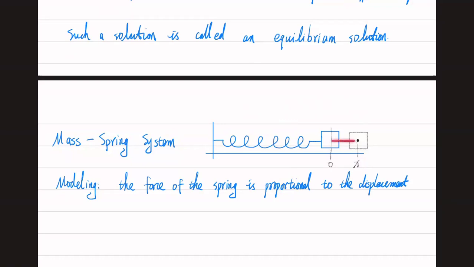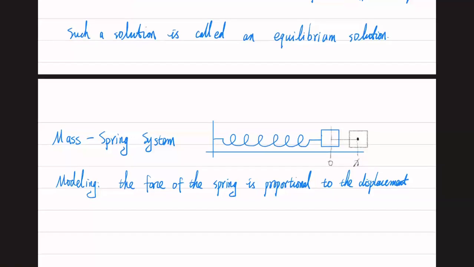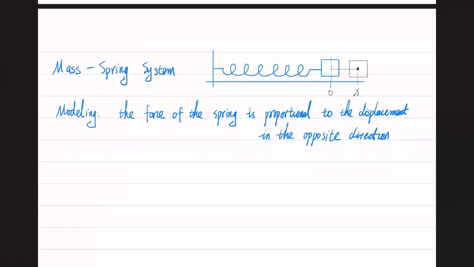If we pull the spring, the spring will pull back. It's in the opposite direction.